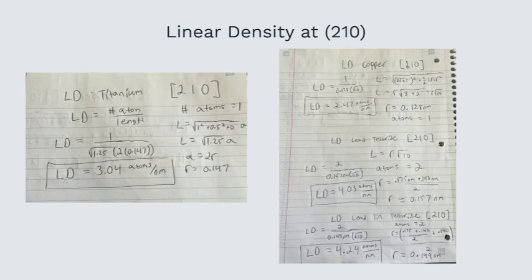For lead telluride, we found the length to be the same, because of this FCC also, R times radical 10, where R equals 0.157 nanometers, or the average of lead and tellurium atoms. And we found this value to be 4.03 atoms per nanometer. And for lead tin telluride, it was the same process, but with a different radius, including the radius of tin, and we found that value to be 4.24 atoms per nanometer.